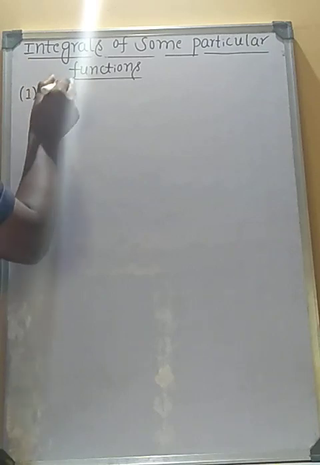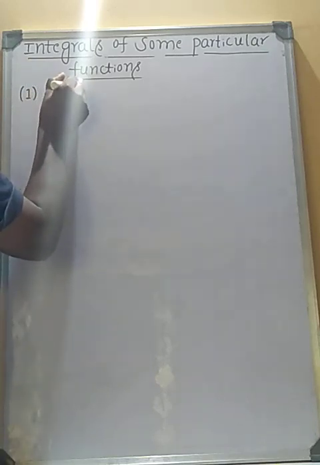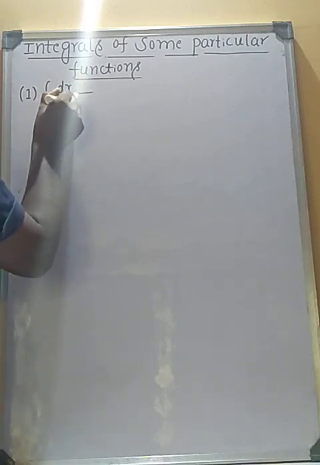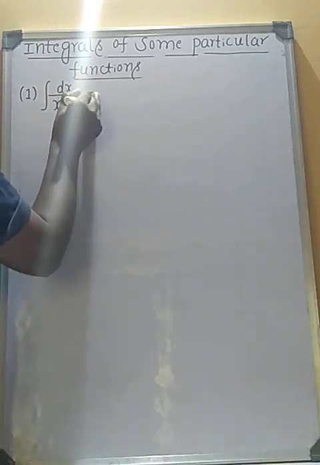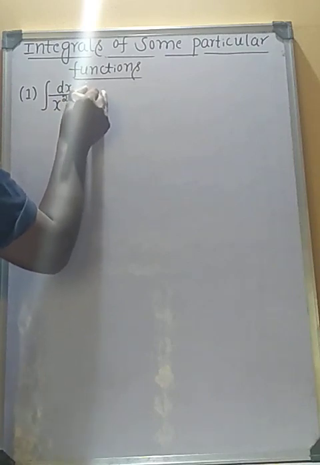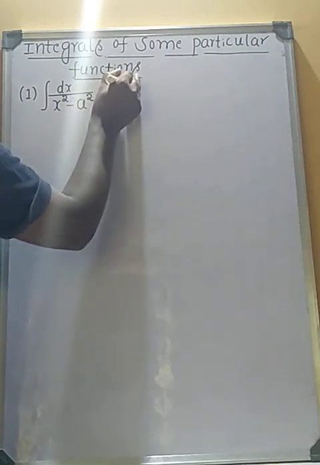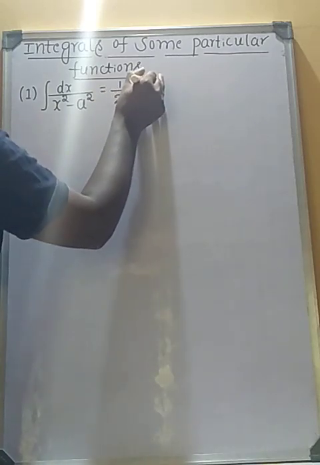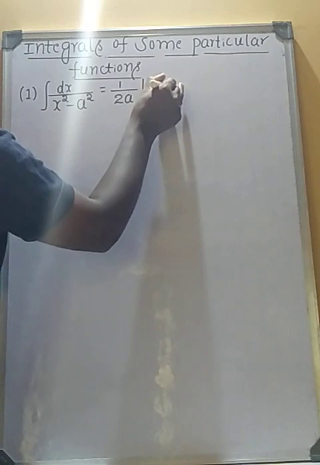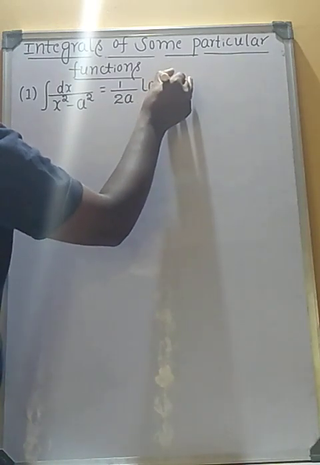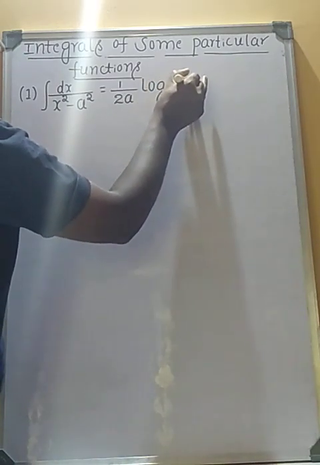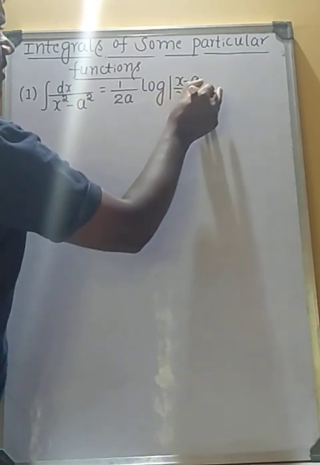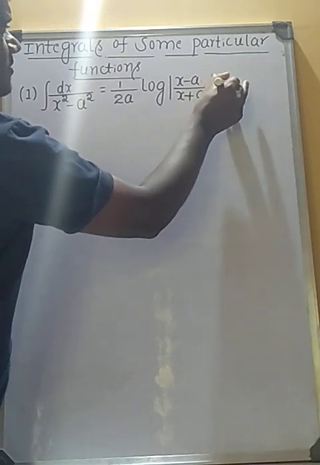Integral of dx divided by x square minus a square equals 1 divided by 2a into log of mod x minus a divided by x plus a plus c.